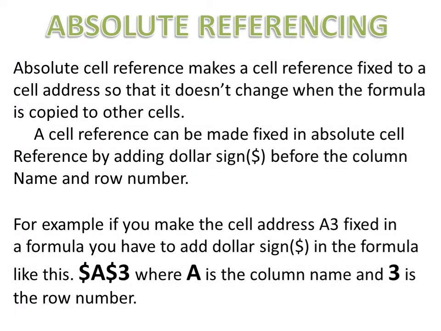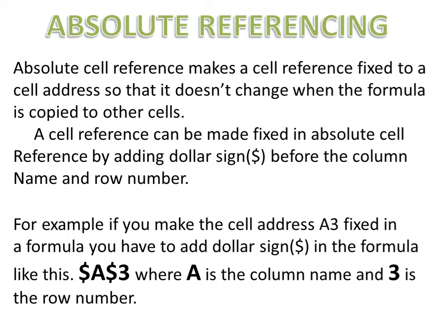Children, the next type of reference is absolute reference. Absolute cell reference makes a cell reference fixed to a cell address. It means that when we drag or copy the formula to other cells, the cell address will not change. A cell reference can be made fixed by adding a $ sign before the column name, that is the column letter, and the row number.